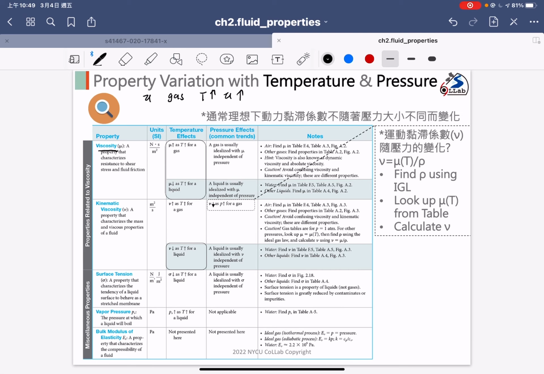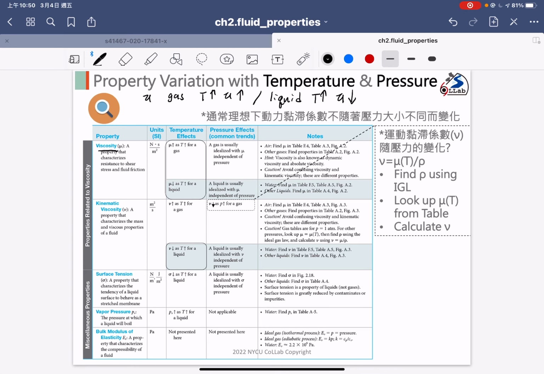But for the liquid, the temperature also increases, but the viscosity is decreasing. Because for the liquid, we have a certain interaction force between two liquid molecules. If your temperature increases, it will break the connection force between the liquid molecules. If the connection force is broken, the liquid particles can move freely.